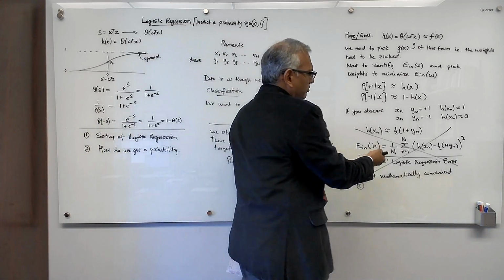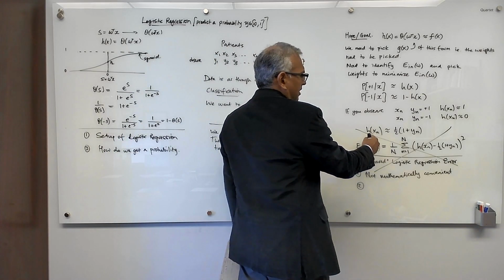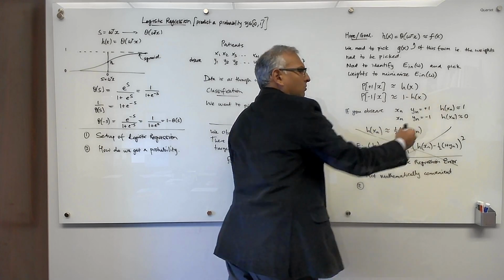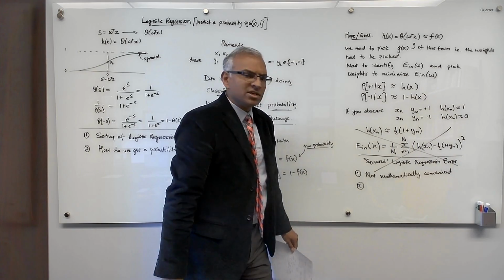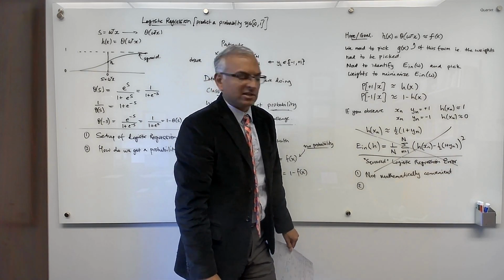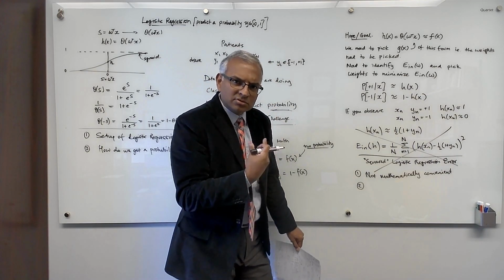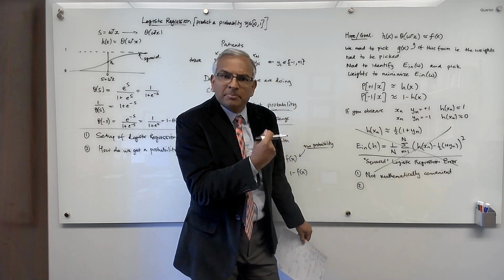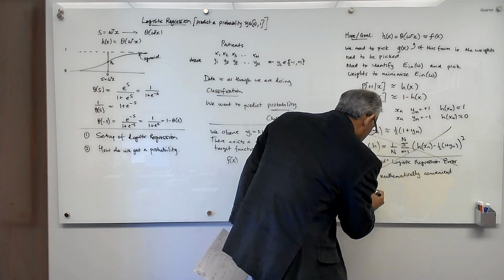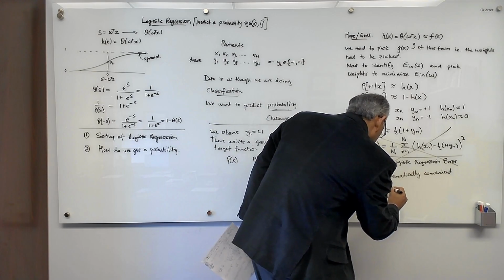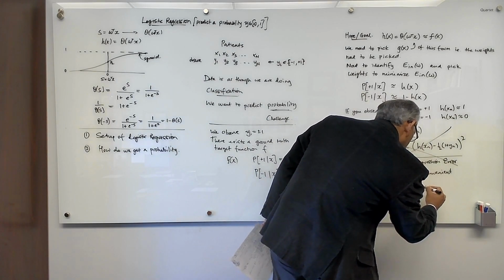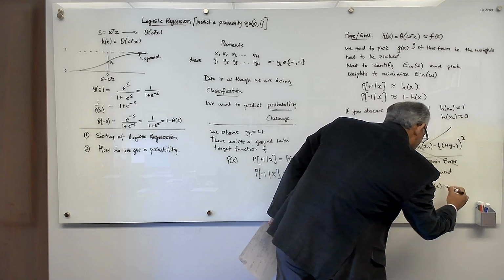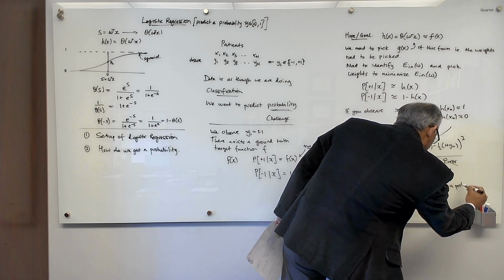All we did was try to make h of x approximately 0 or 1, depending on the value of yn, but where's the interpretation of h of x as a probability? It does not fundamentally use the fact that h of x is a probability.